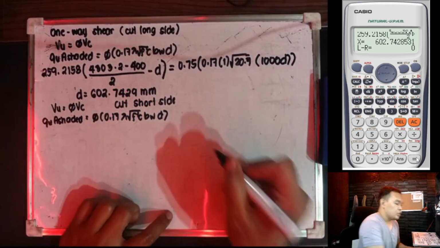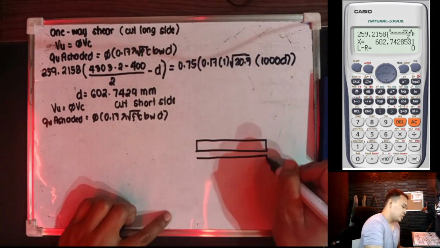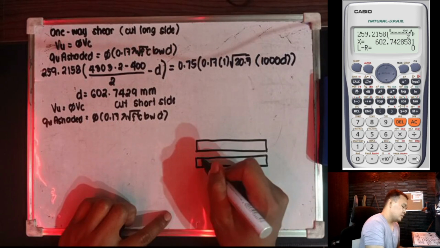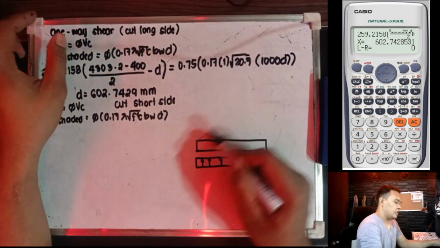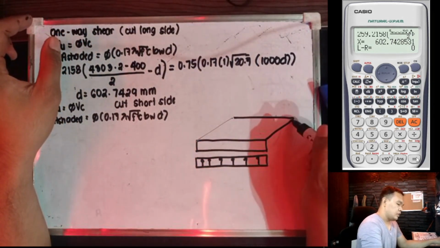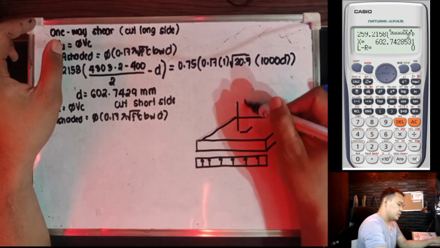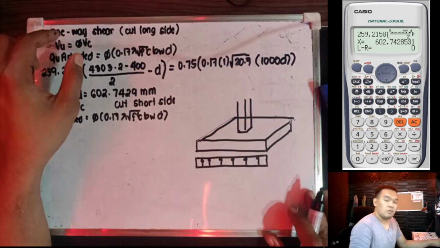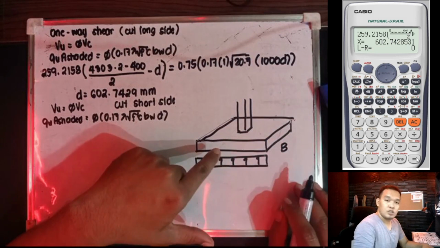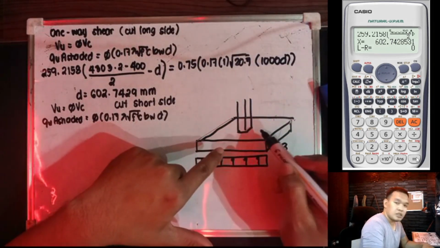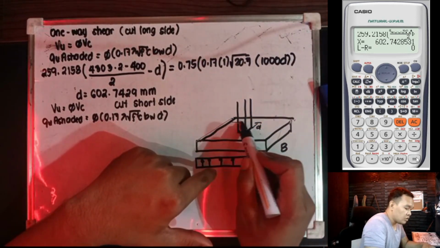Okay, so if this is our footing, and I have QU here, then I have the column here. When I cut along the short side, this is our short side B. So when I cut at distance D from the face of the column, I have a distance D here. Then I cut, that's it.